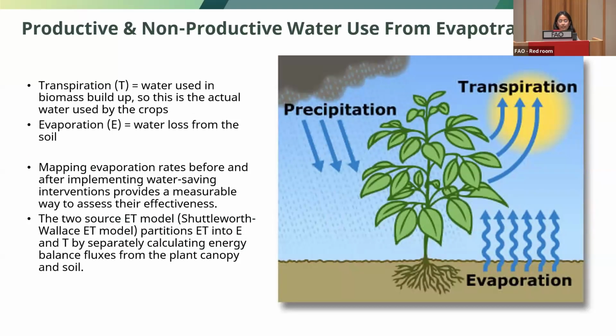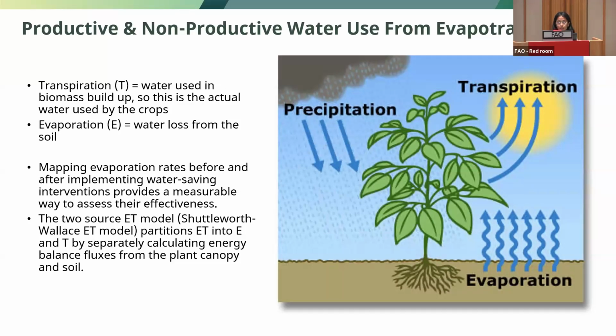So before that, let's dive into the term evapotranspiration. In general, evapotranspiration is the combination of evaporation and transpiration, meaning that water leaves in two different ways in the agricultural field, and they are not equal. Transpiration can be termed as productive water use, meaning that the water gets lost from the plant.